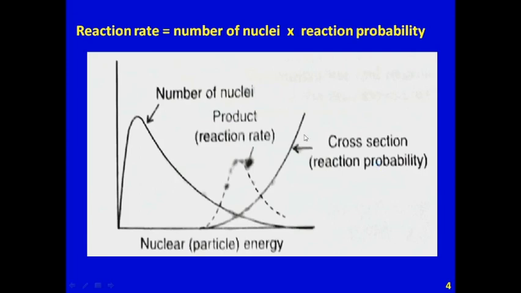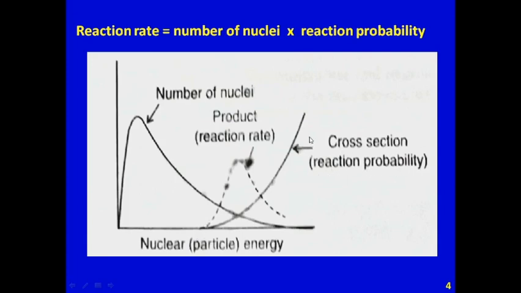If you look at the reaction rate of fusion, this curve is the Maxwellian which we saw in the previous slide. And you have another parameter known as the reaction cross section. What is the probability of a nuclear reaction or nuclear fusion? That is this curve, called the cross section or reaction probability.